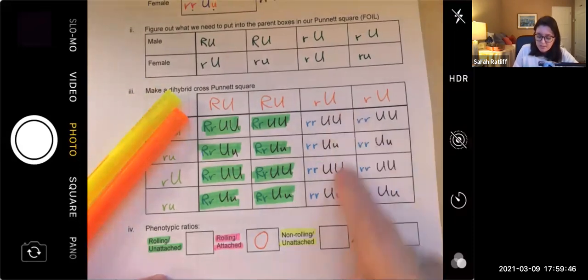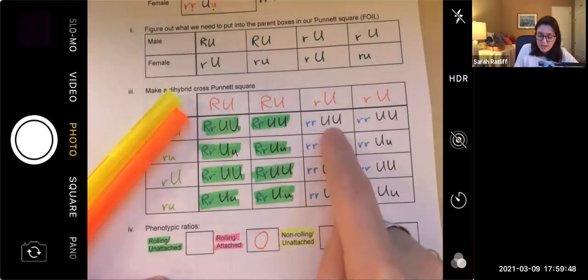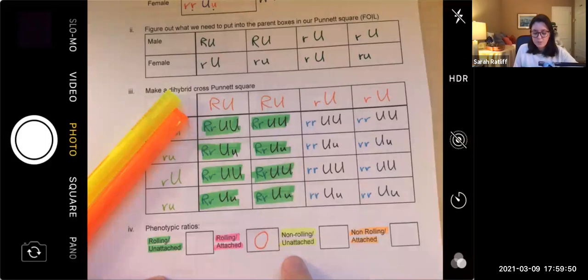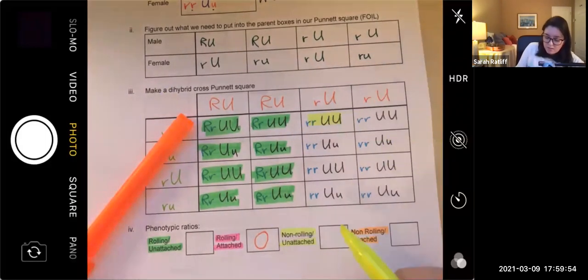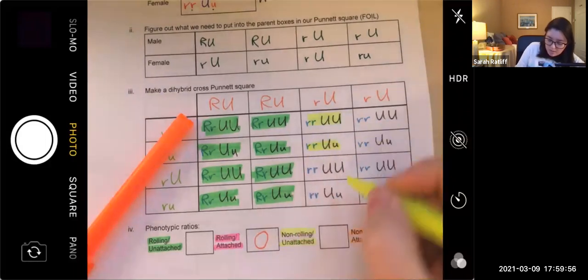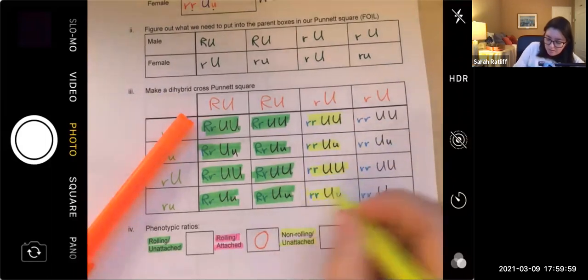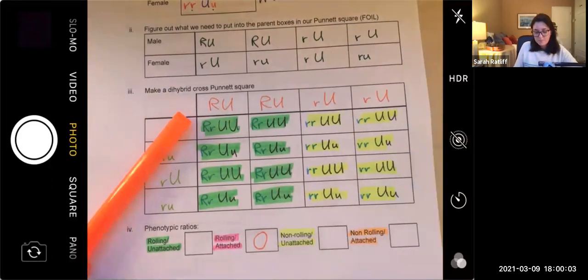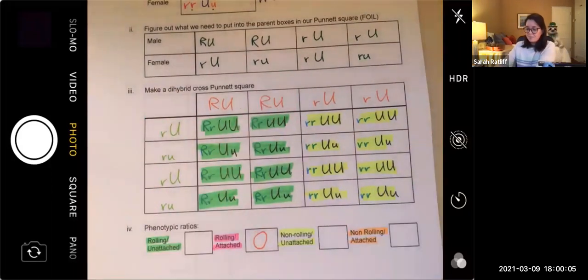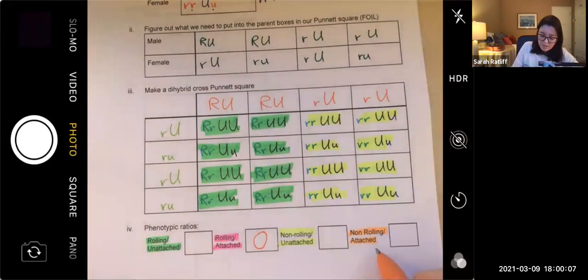Looking at this first one, we have at least one big U, meaning it's going to be yellow. This one we have at least one big U. This one, this one, all of these have at least one big U. Bye, orange. So there's no orange highlighter here either.